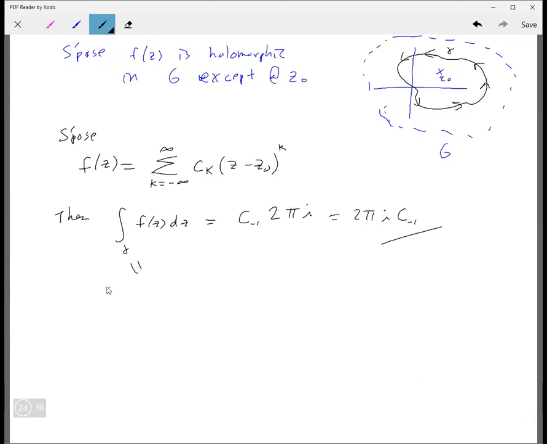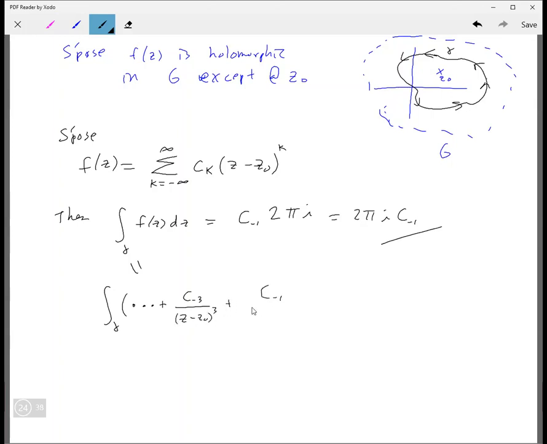It's because of this. When we expand that out, let's write it this way. We can start back at c minus 3 over z minus z naught to the third power.